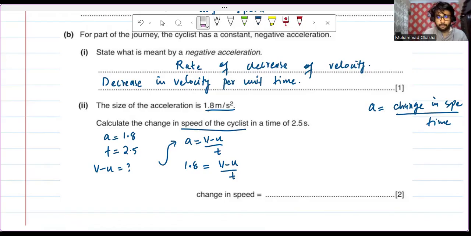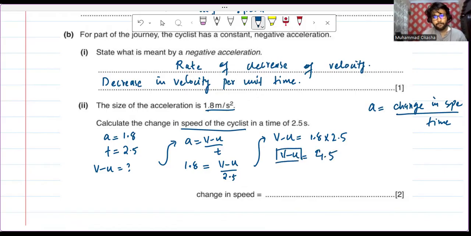In this case, time is equal to 2.5, right? So v minus u is equal to 1.8 multiplied by 2.5. If we do the multiplication, that is equal to 4.5. Okay, so we only have to work out v minus u. We don't have to work out the value of v or the value of u, but only the change. So change in speed would be 4.5. Do not forget to put the unit, 4.5 meters per second.